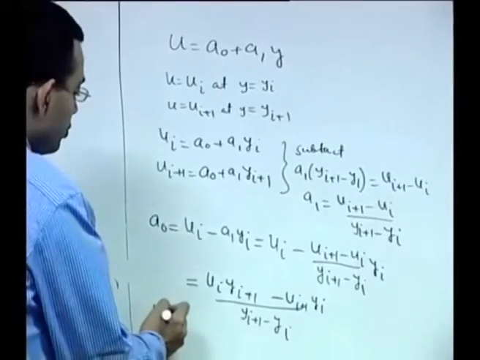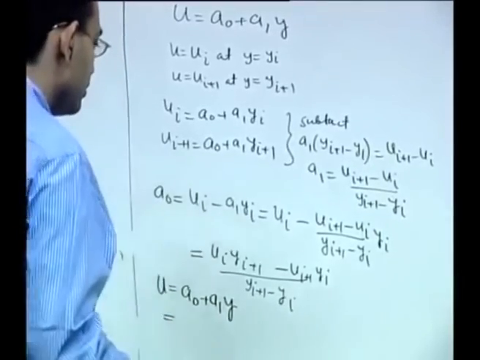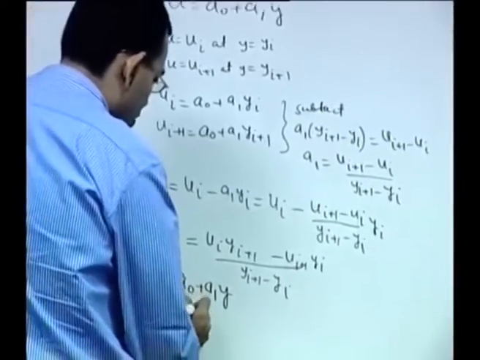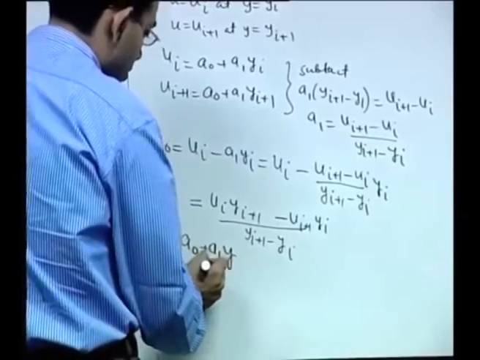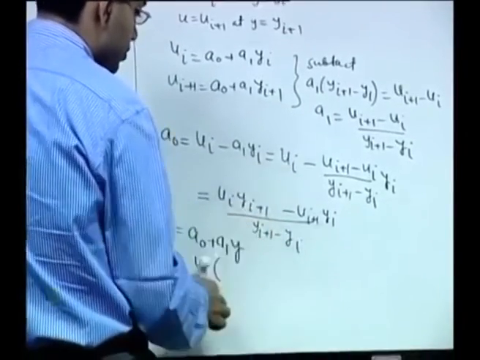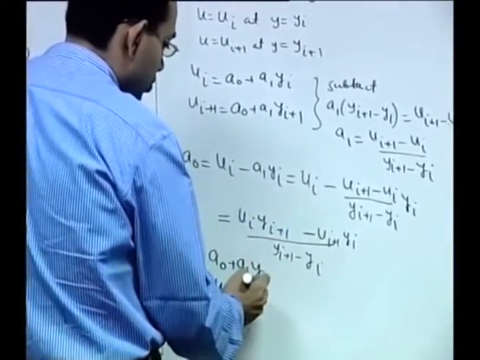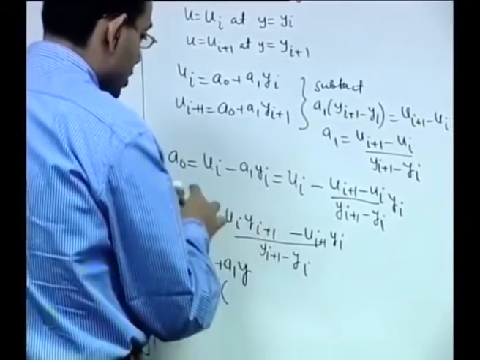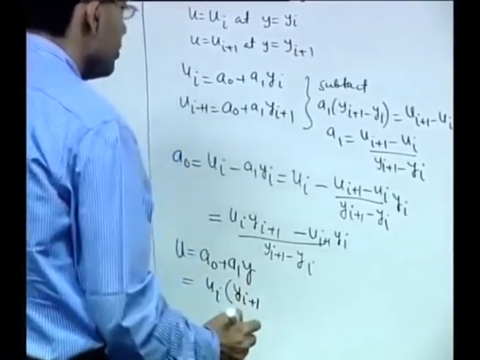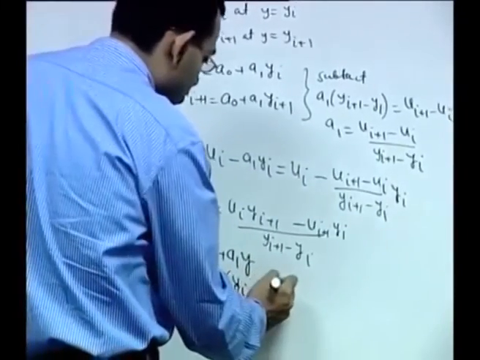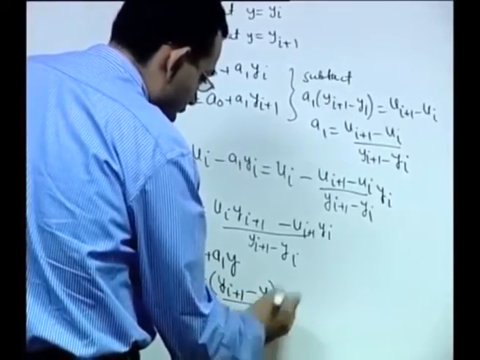So u equal to a0 plus a1 y. Let us first collect the terms with u_i. So u_i into a0 plus a1 y, so u_i into (y_{i+1} minus y) by (y_{i+1} minus y_i).